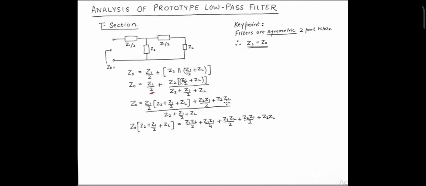And in the next step, I've cross multiplied, and the denominator goes to the left hand side. Now please understand, after this point we will take up this issue that ZL needs to be put equivalent to Z0. So we find a ZL here, we find ZL here, and we find a ZL here. So what we do is we put ZL to be equivalent to Z0 in the next step.